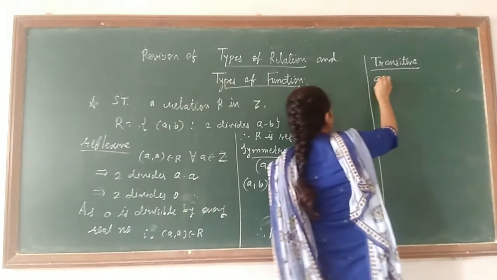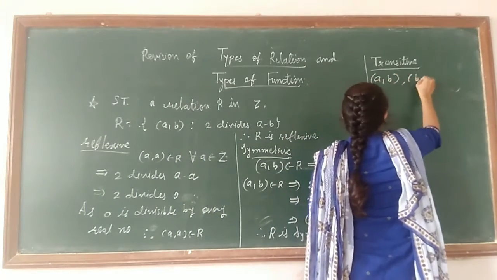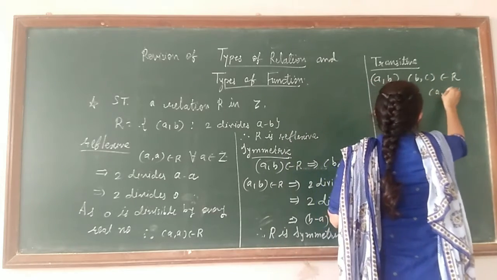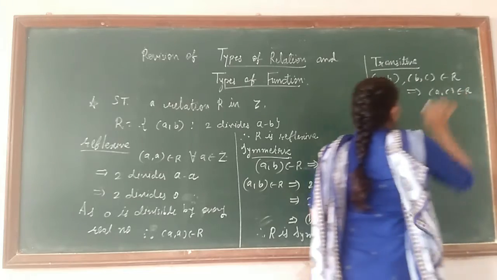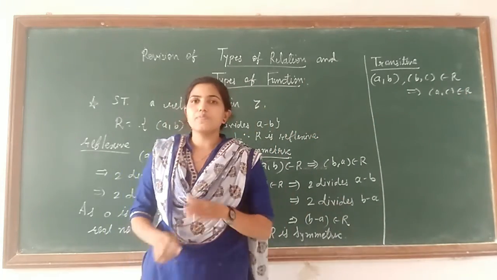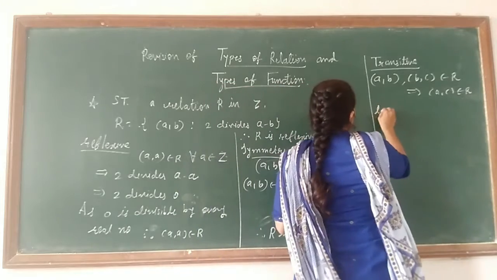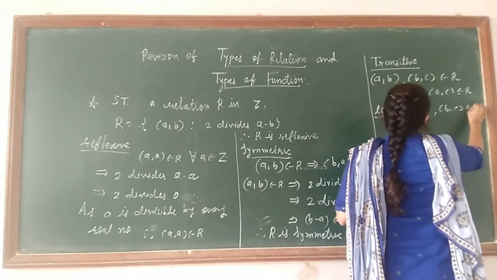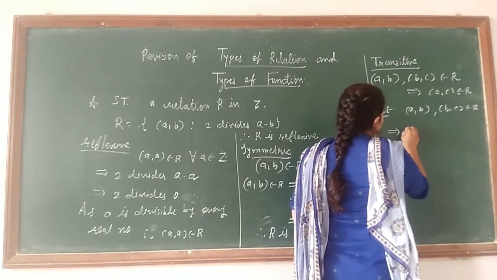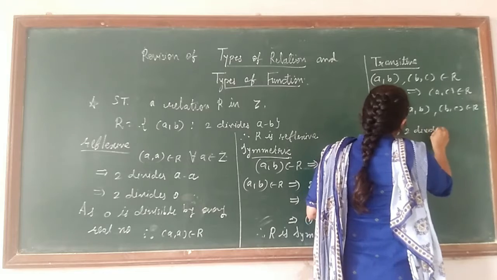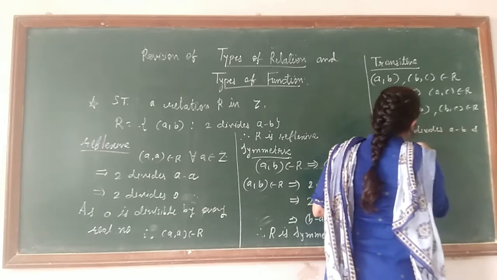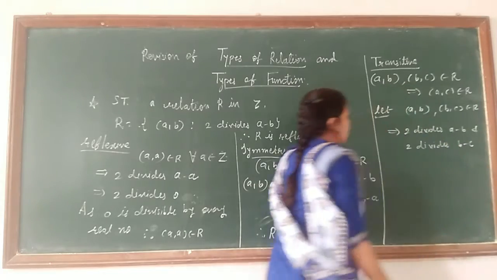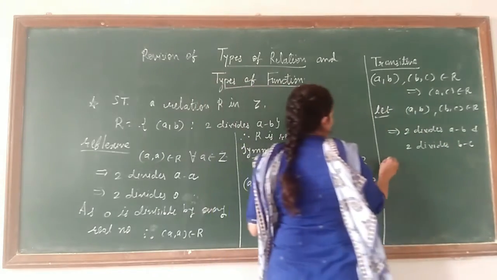Yes, if (a, b) and (b, c) belong to R, then this will give that (a, c) belongs to R. So we start with (a, b) and (b, c) belonging to R. That means 2 divides a minus b and 2 divides b minus c. Okay, so let me see a minus c.